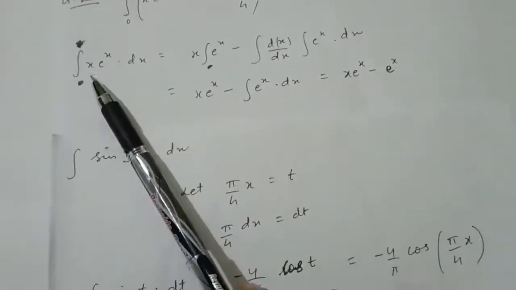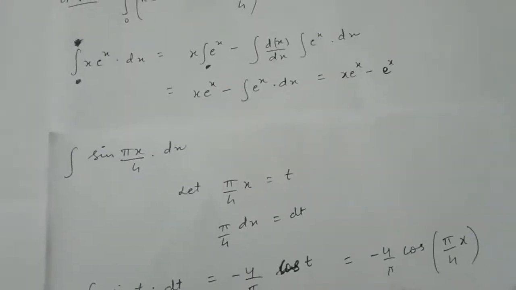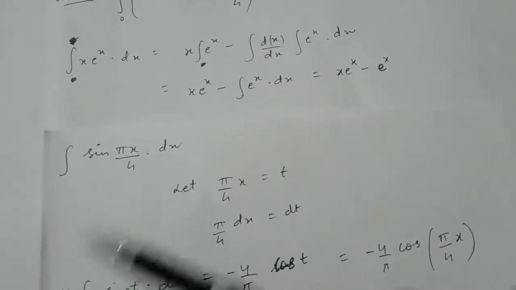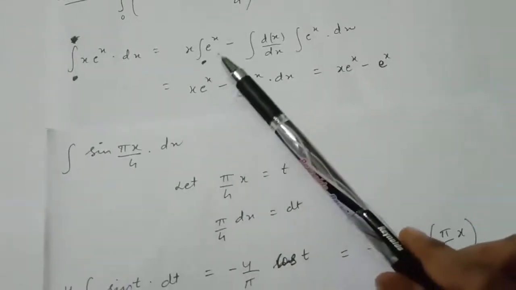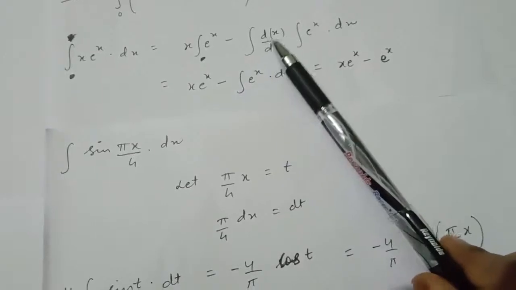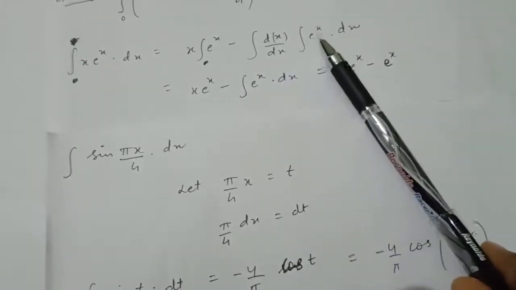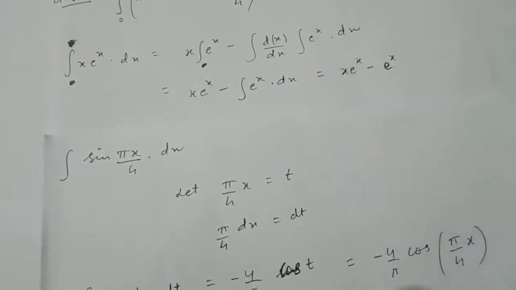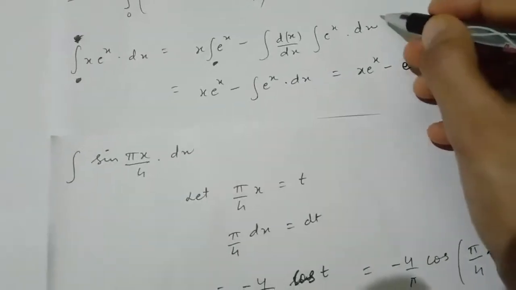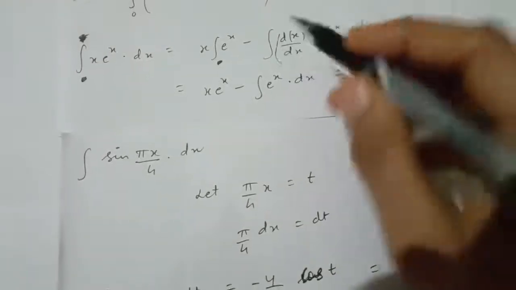So integral of x into e raised to the power x will be, apply the integration by parts. So x into integral of e raised to the power x, minus integral of derivative of first function, that is x, into integral of second function e raised to the power x, and then whole integral also, right?